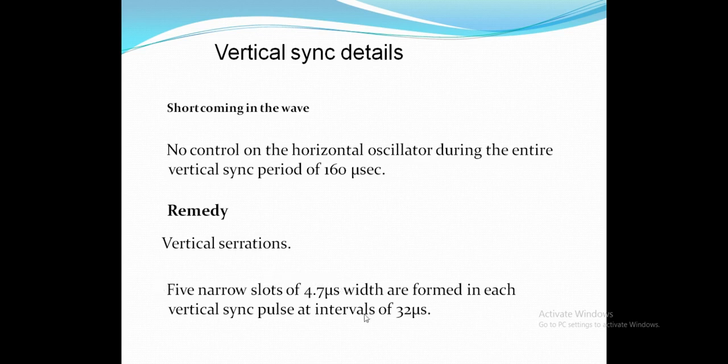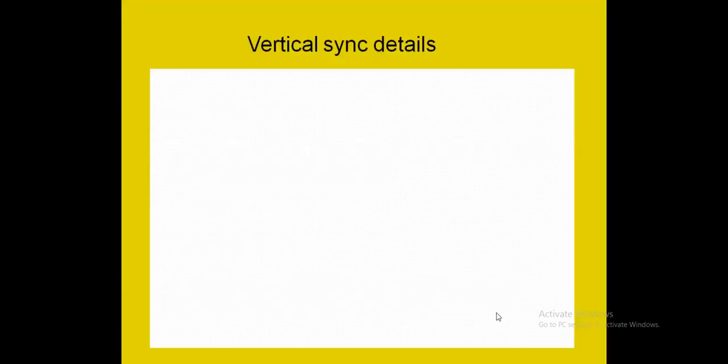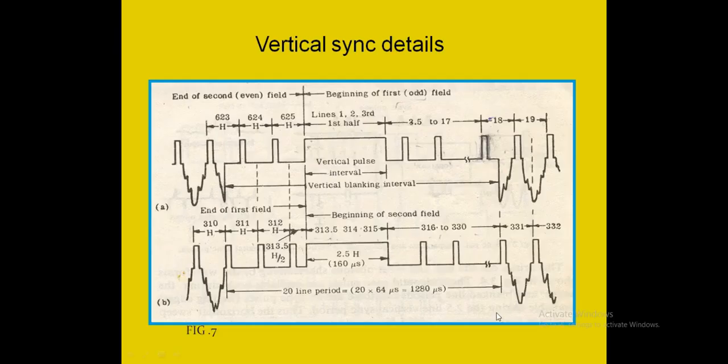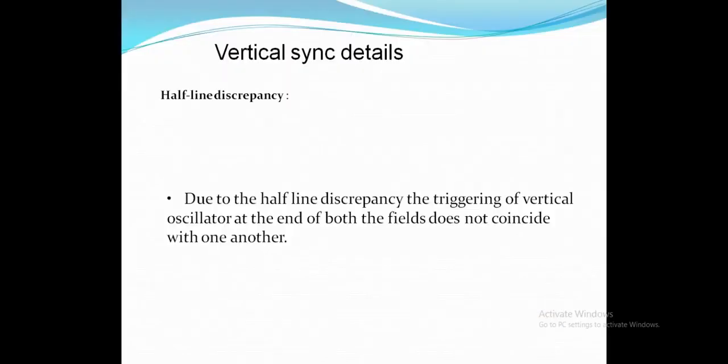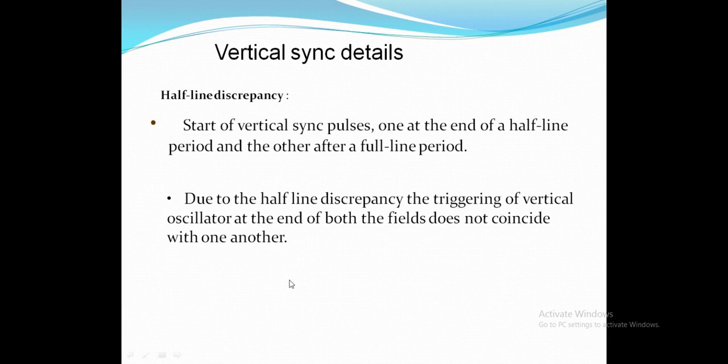So here we use 5 narrow slots. In this vertical synchronizing pulse, the start of the vertical synchronizing pulses, one is at the end of the half line period and the other is after a full line period, where we have to apply the vertical synchronizing pulses.